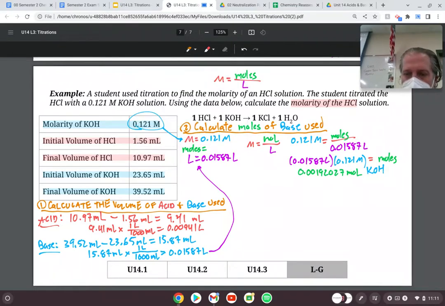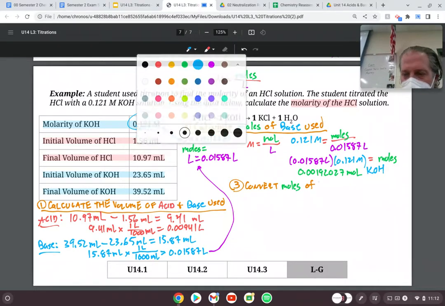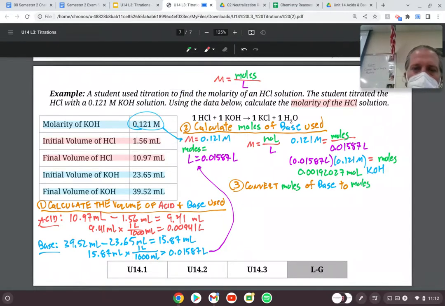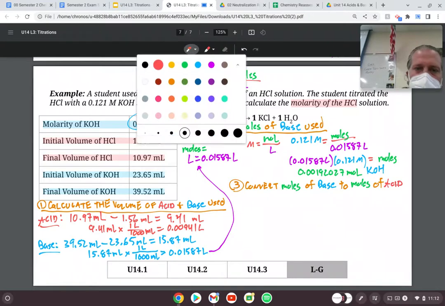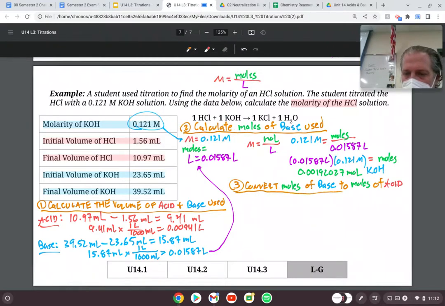So for step 3 here is convert moles of base to moles of acid. And for us, that's going to be a stoichiometry problem.